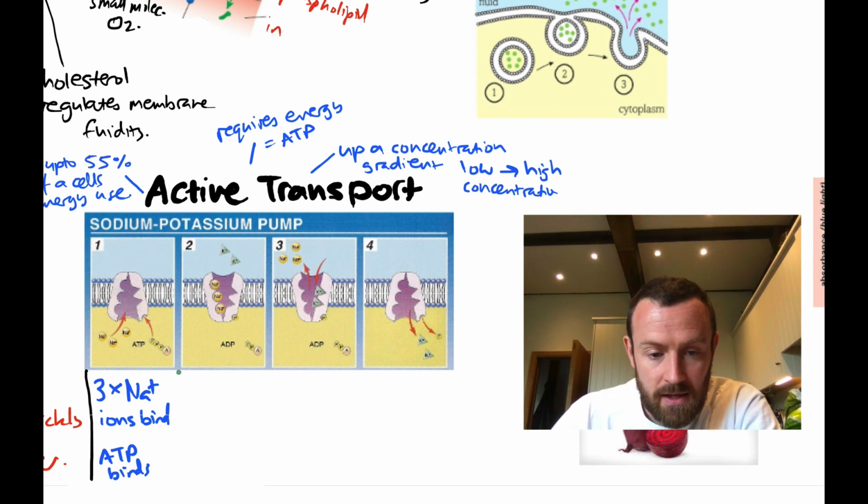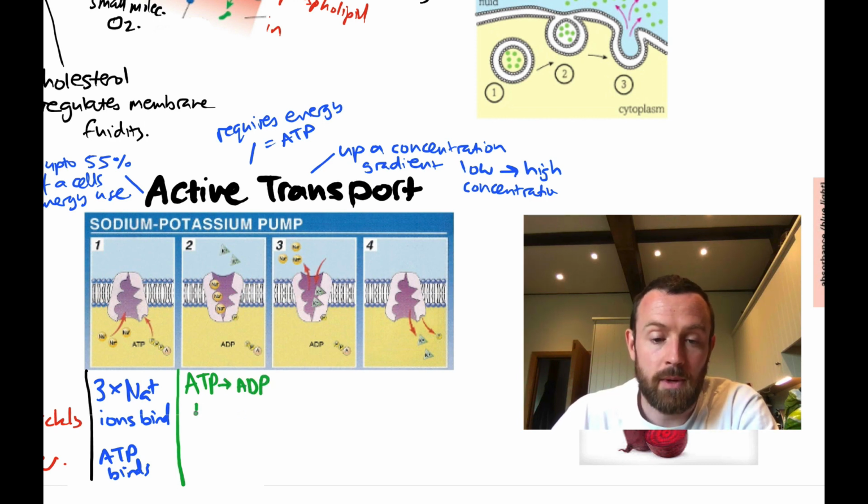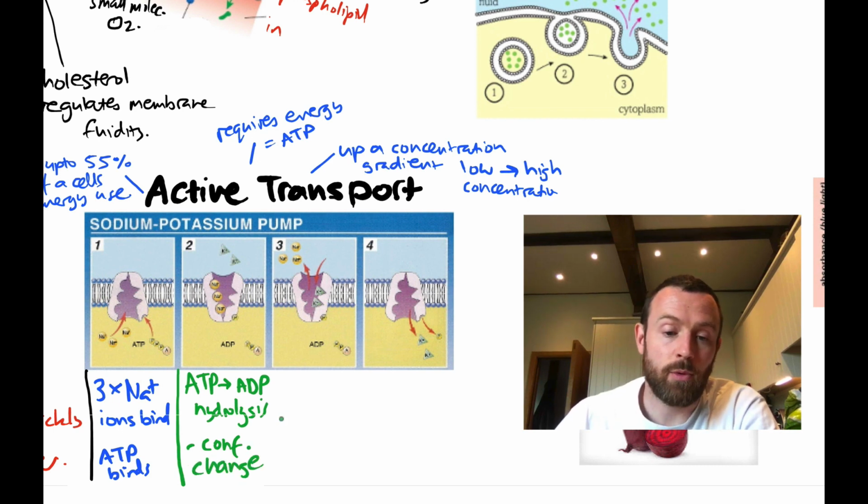I'm just going to change color to make it clear which stage is which. So ATP converts to ADP. We call that hydrolysis of ATP. And we have a conformational change of the shape of the protein.